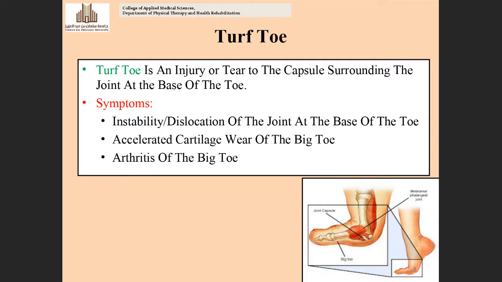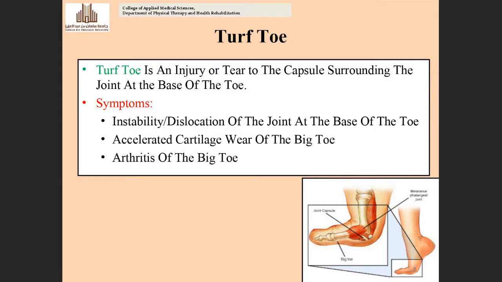Generally it is a hyperextension injury, right? The joint is covered with a capsule, right? If there is excessive force over the joint, it may rupture and lead to some problems. If it happens in the first metatarsophalangeal joint, you can say it is turf toe.